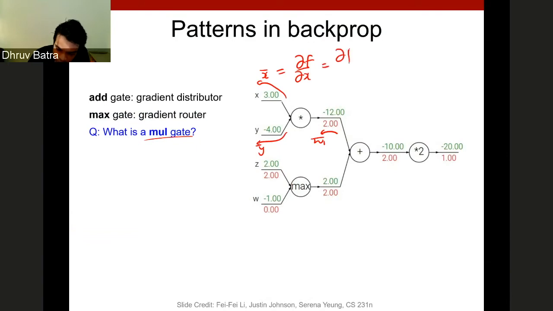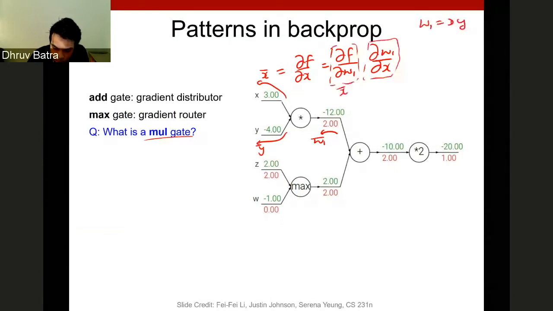It neatly decomposes the same way that we've been doing: partial of f with respect to w1, times partial of w1 with respect to x. This right here is w1 bar. This right here requires just a little bit of calculation to realize w1 is x times y. So partial of w1 with respect to x is simply y.